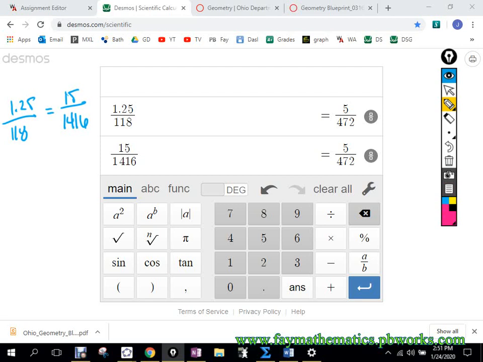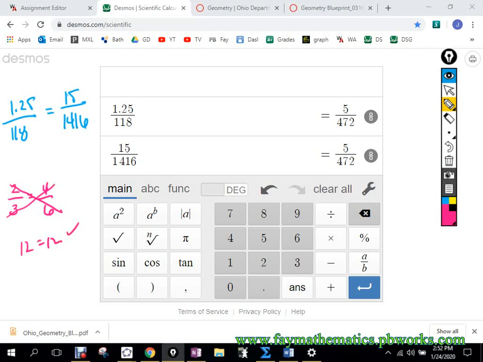So just going down to a simpler concept, do we know that 2/3 is equal to 4/6? We know that those two fractions are the same, right? What do we get if I cross multiply there? What's 2 times 6? What's 3 times 4? 12. So because 12 equals 12, 2/3 is the same thing as 4/6. Does that make sense?